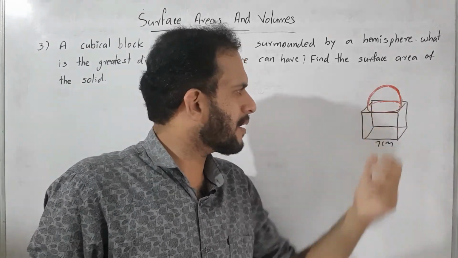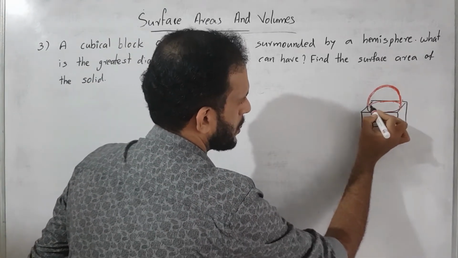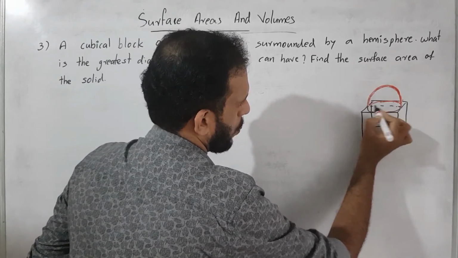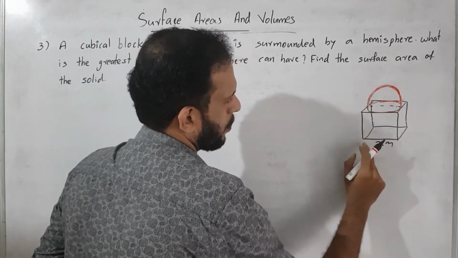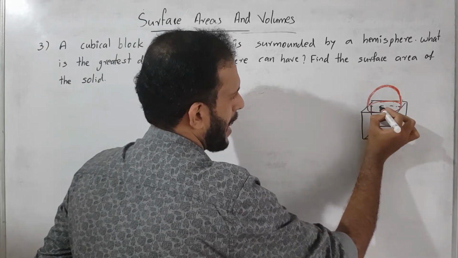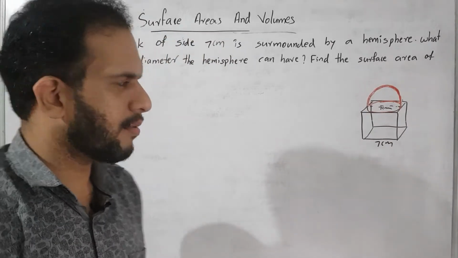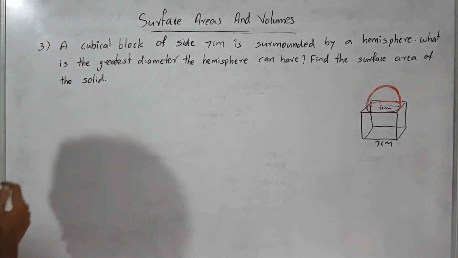The largest diameter the hemisphere can have is the distance from this point to this point, correct? So this length is equal to the side measurement of the cube. So the largest diameter the hemisphere can have is only 7 centimeter. Okay, so our first question is like this.